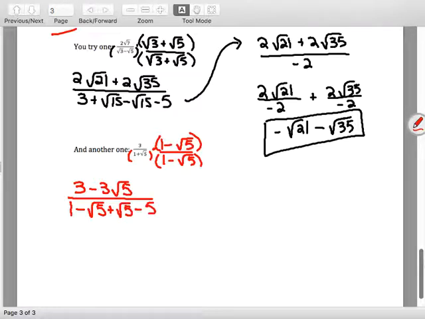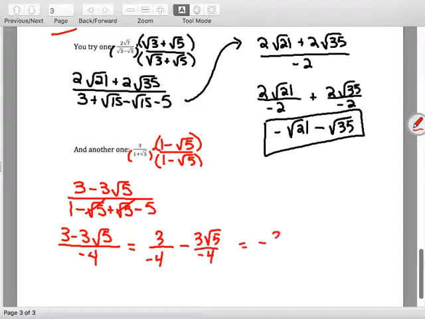If it helps you to put a 1 in front of the radicals, please do so. That's absolutely fine. Up in the top, I don't have anything to combine, so that's it. The radical 5's cancel, and I get negative 4. I would recommend that you just get in the habit of splitting.